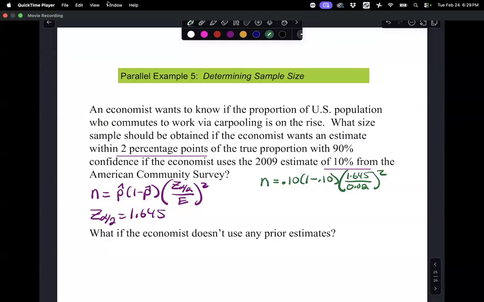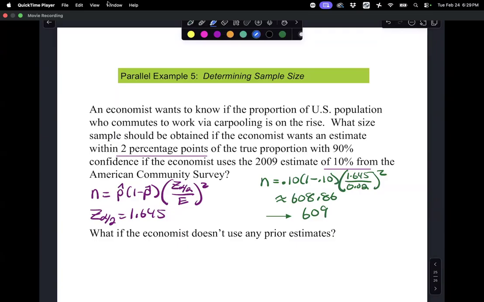Yes, good. How'd we do? So you need 609 people. 609.